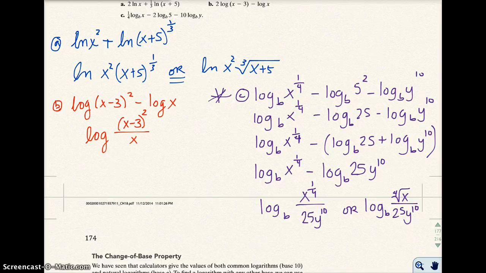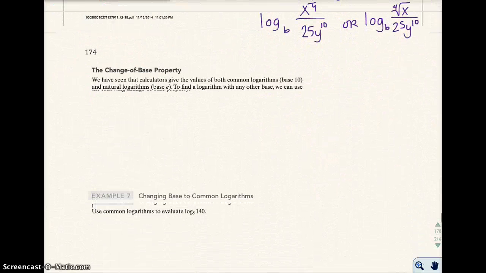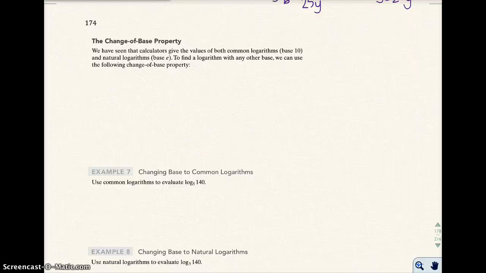Okay, the last thing we're talking about is the change of base property. Your calculator can do log, which is base 10, and the natural log, which is base e. But your calculator cannot do any other bases. So to figure out those values, we can use common logarithms to change it over.